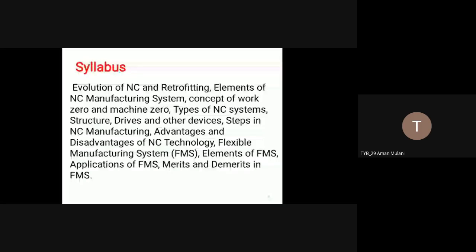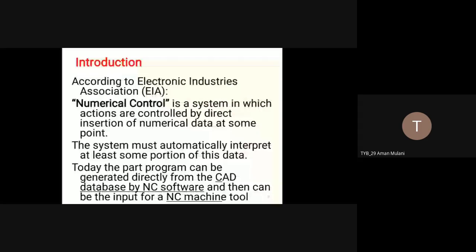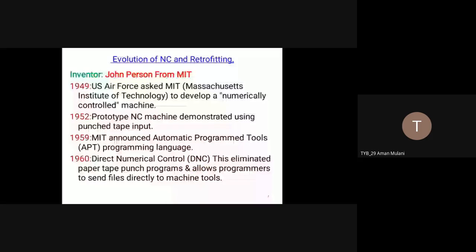Already we have discussed how the NC machine was developed, from the starting phase to the current era. Okay, so just the history part of the NC system, means how John Parsons from MIT developed the first NC machine.